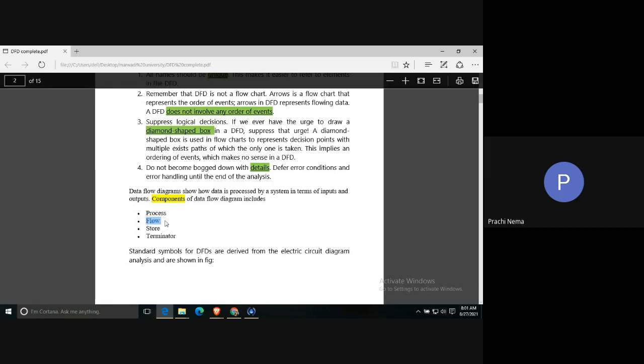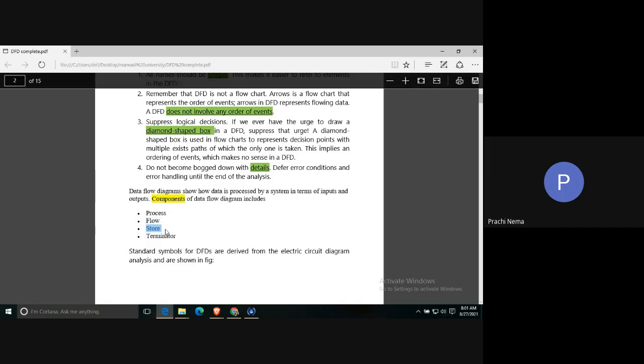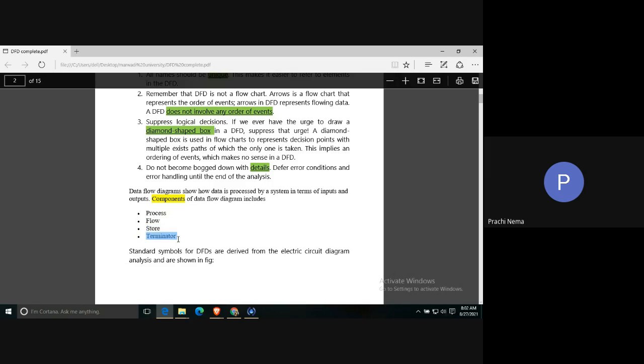The second component is flow. Here flow means the flow of information within the system. The third component is store. Here store is the storage of data, which you can call a data repository or database. And the last component is terminator.